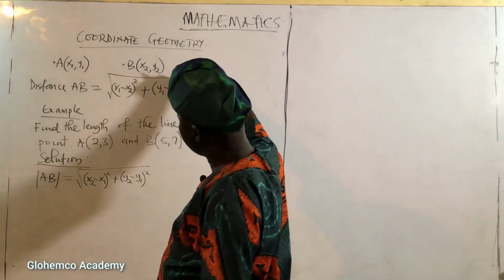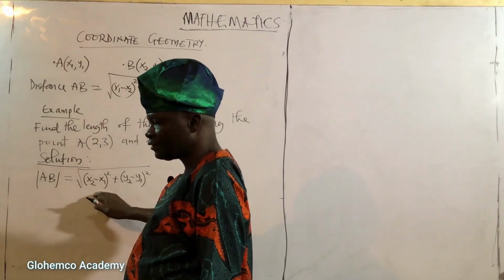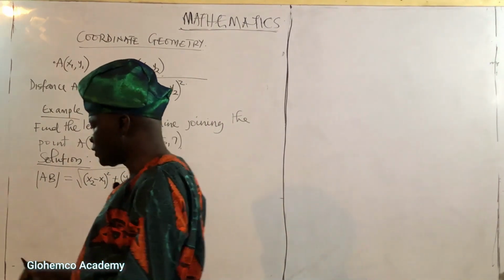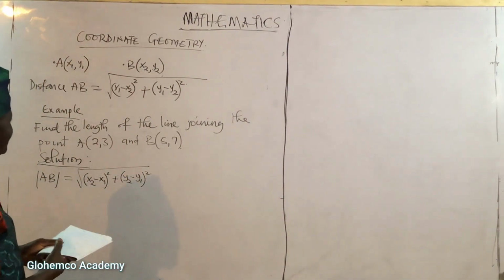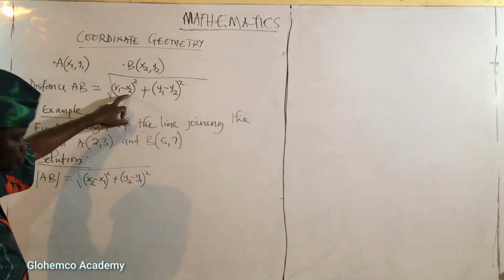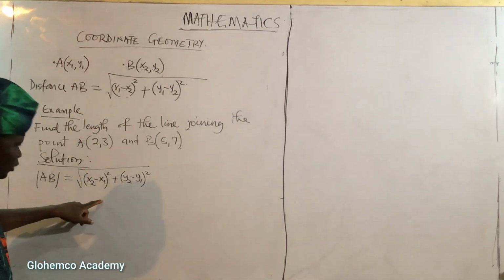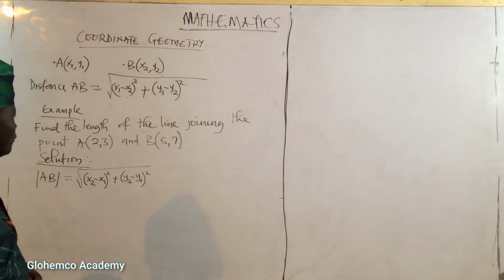When I give you the formula here, I'm trying to interchange it, telling you that you can use any of the sides. Just make sure you use it correctly. The first one here, I said x1 minus x2 squared, but now I want to use x2 minus x1. It is the same thing because you are taking the square of that particular value.